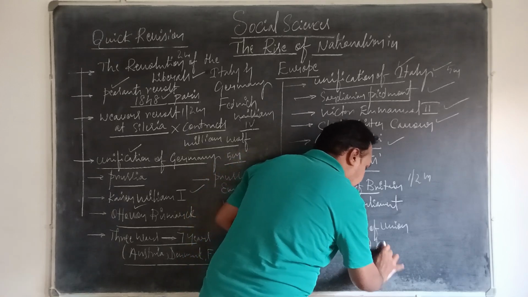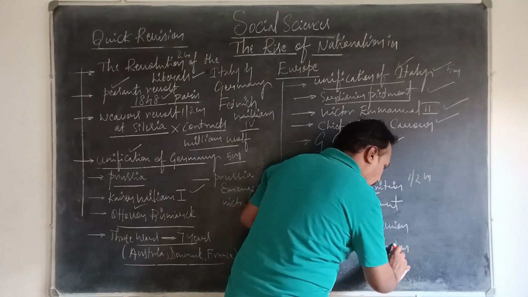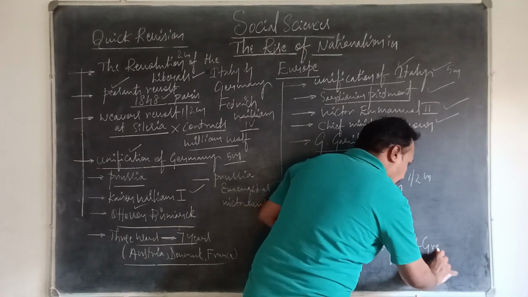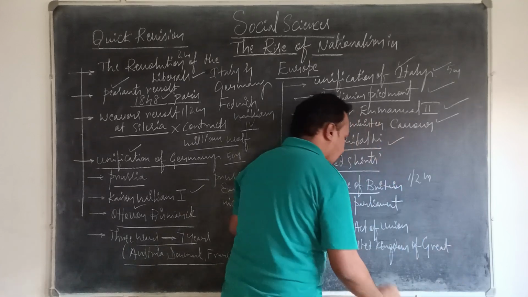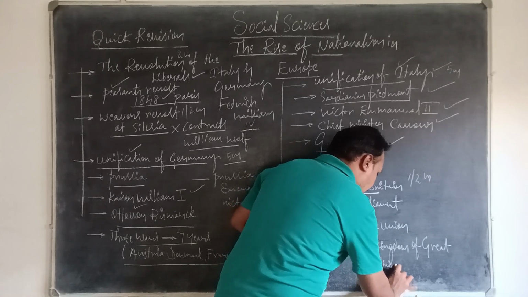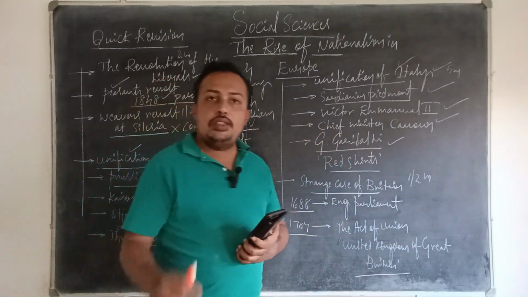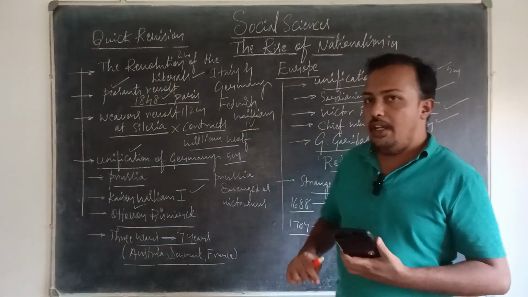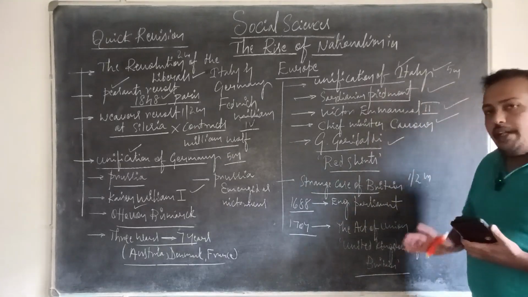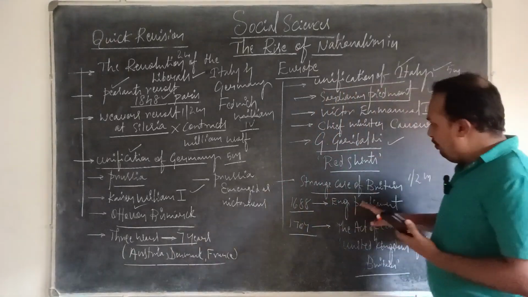So in multiple choice, many times they ask regarding the Act of Union, please remember. It was signed between England and Scotland, and it led to the formation of the United Kingdom of Great Britain. That is another incident very important under the strange case of Britain.